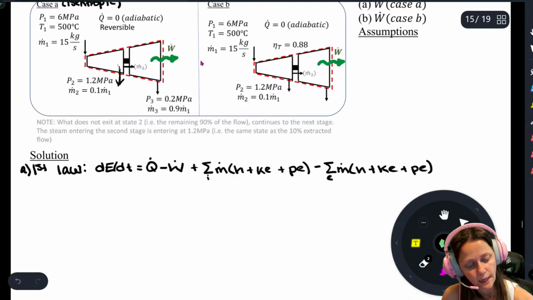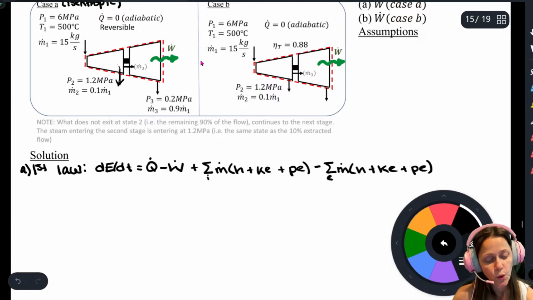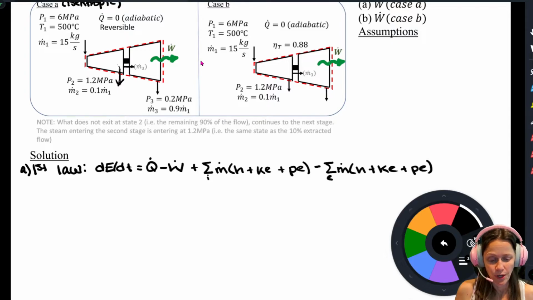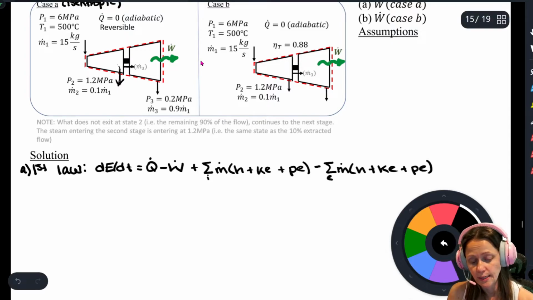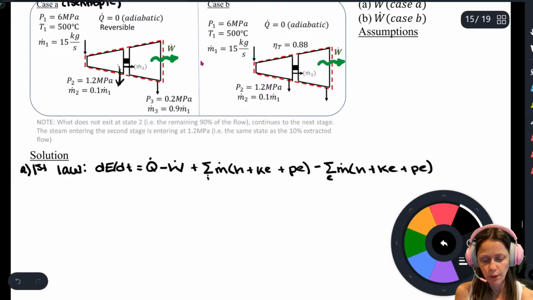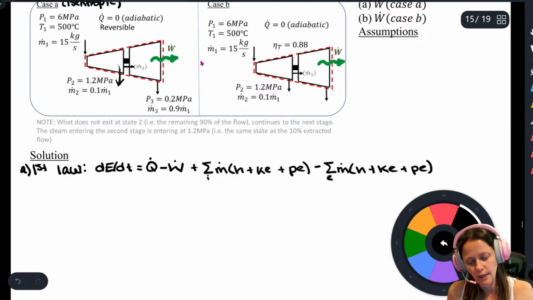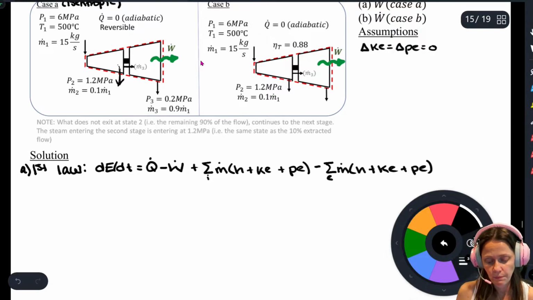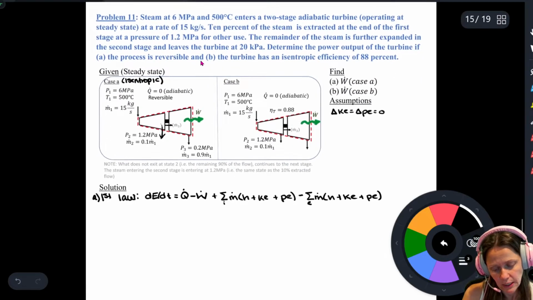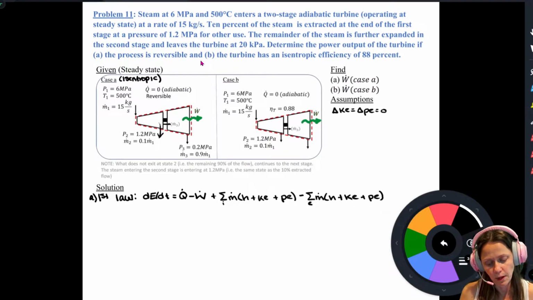It's inlet, outlet. Okay. So for any turbine, regardless of whether it has multiple stages or not, we're going to say that Q dot is equal to 0. Great. We're going to say that changes in kinetic and potential energy are equal to 0, right? Unless otherwise specified. And I'm looking at the problem statement.